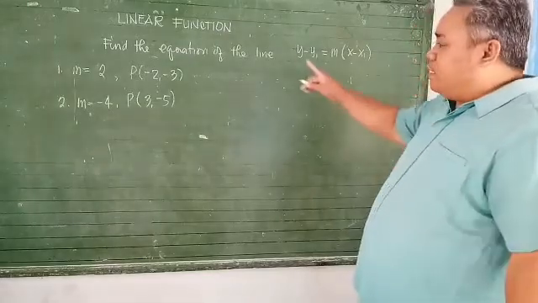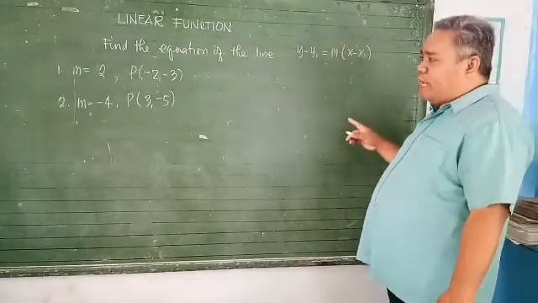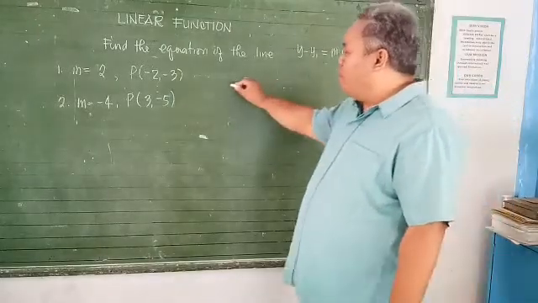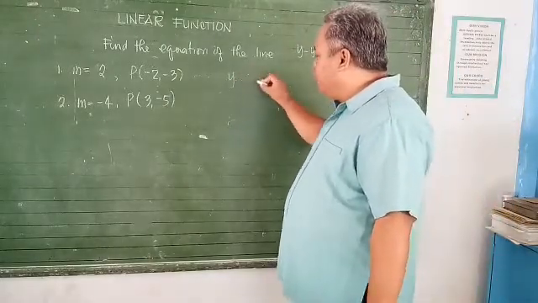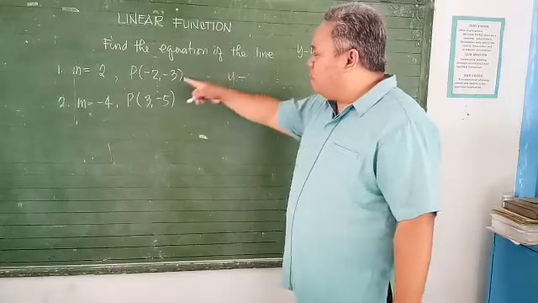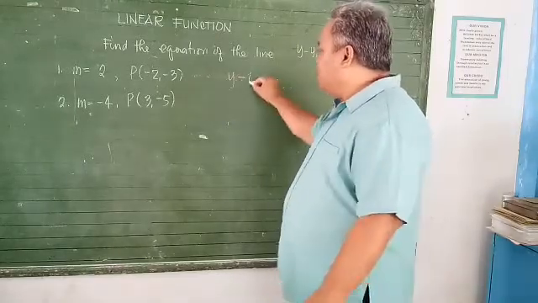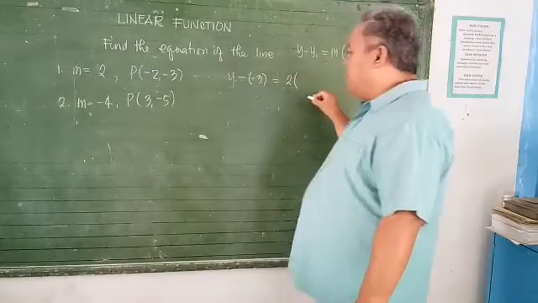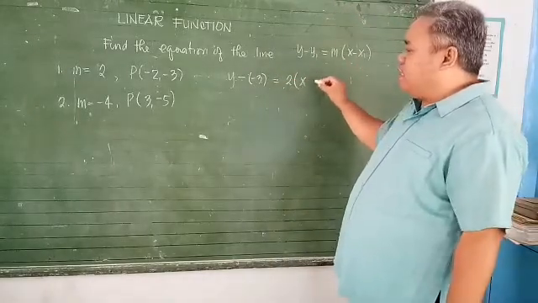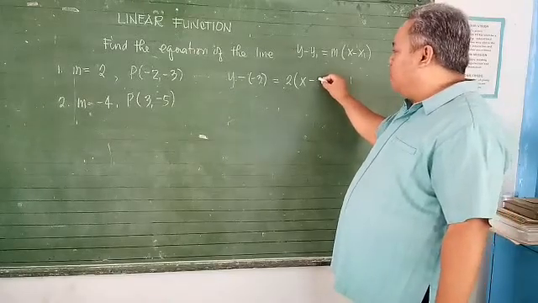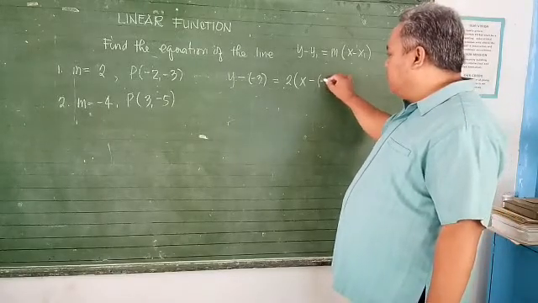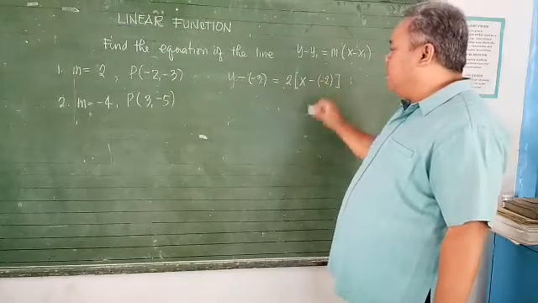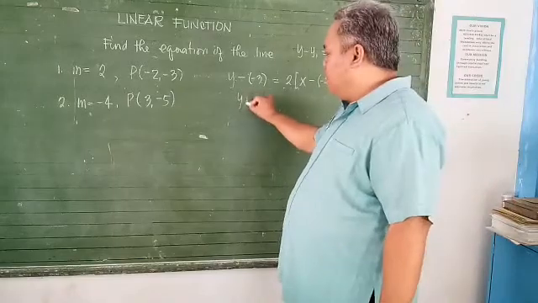Okay, let's try. So in number 1, the slope is 2 and the other point is -2 and -3. So following this line, we have your y, and then your y sub 1, y sub 1 should be -3. So that's -3. And then your slope is 2. And then your x sub 1 is -2. And it's -2 here. Okay. So this would be y plus 3.